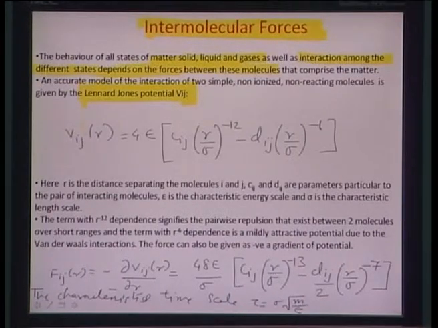So let us say you have two systems I and J, that means two molecular systems of this particular notation, and they are separated by a distance r.